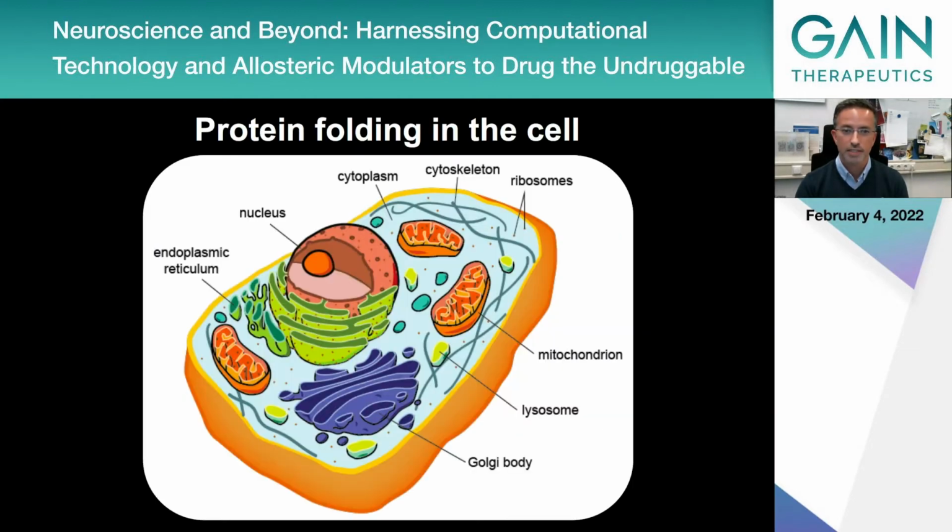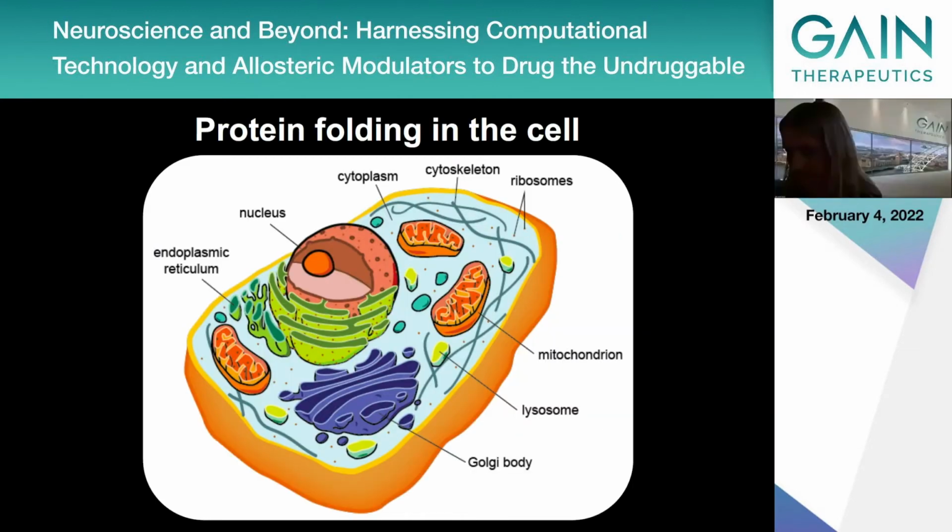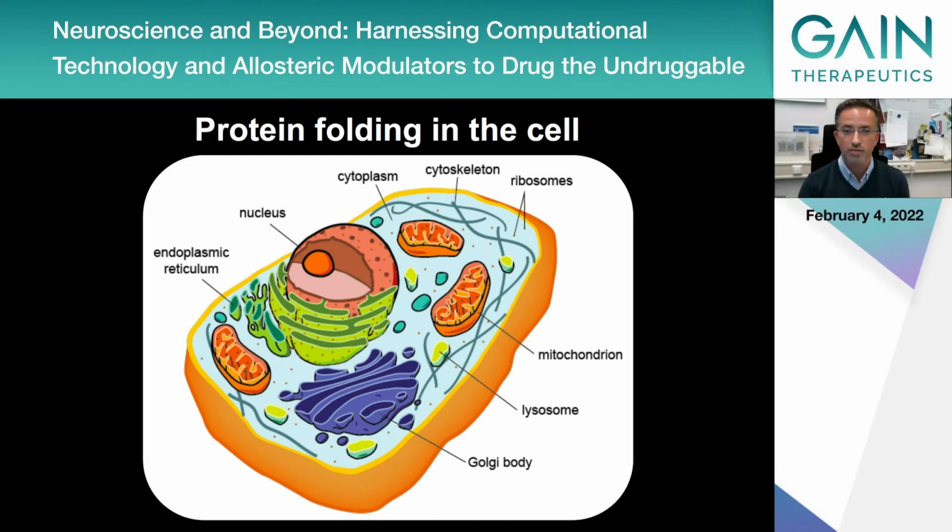So next slide, please. And the problem is that when we study the process of protein folding in vitro, if we use simplified systems, we ignore much of what happens in the context of a living cell.